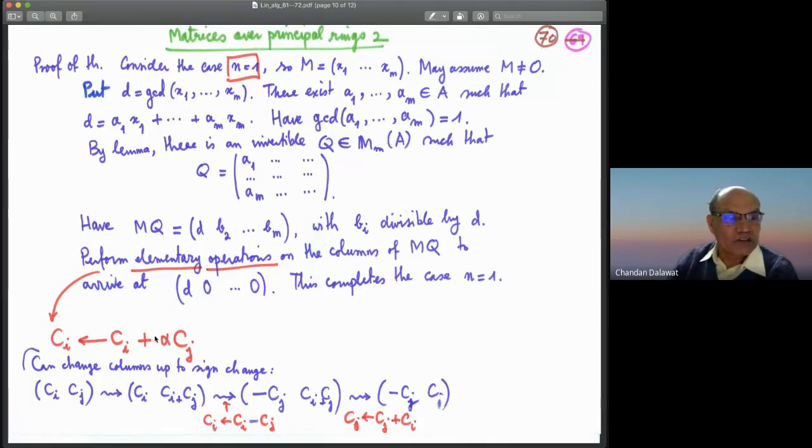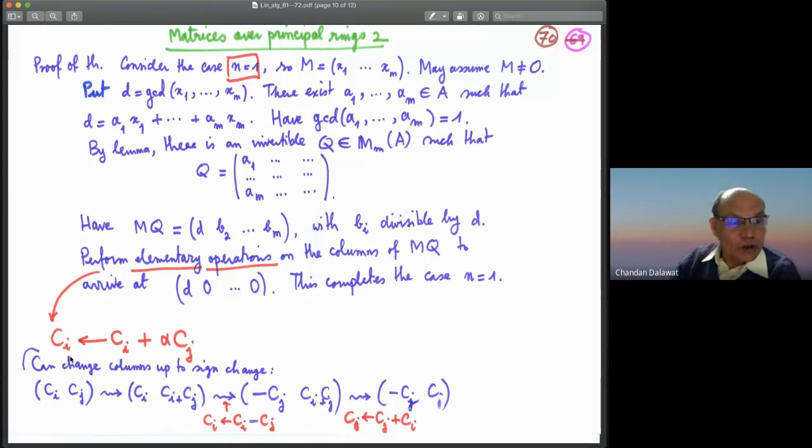What is a column operation? For example, it changes a column Ci, let's say column of index i, to this column plus alpha times some other column, jth column, let's say. i and j have to be different. So that's what an elementary column operation is.